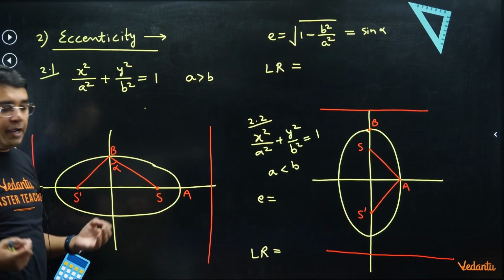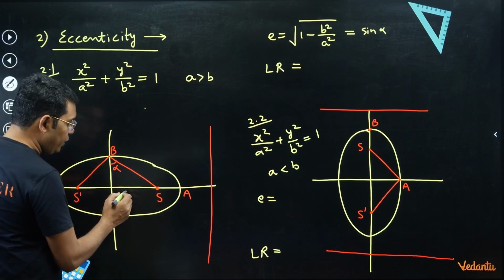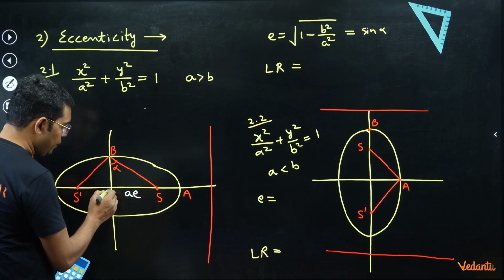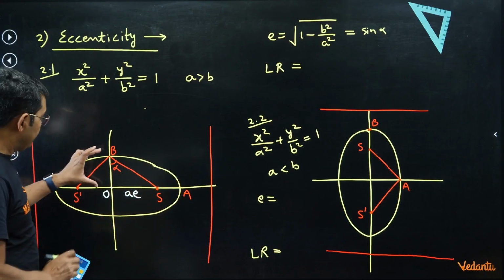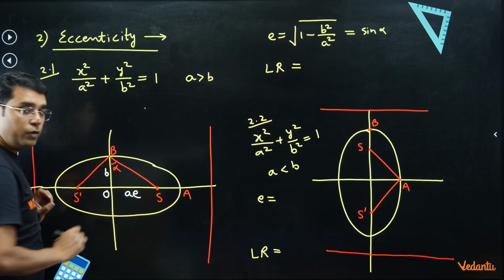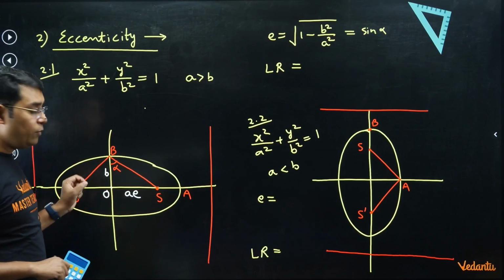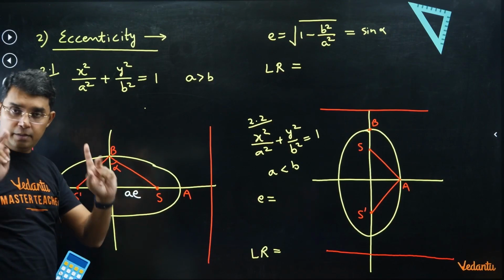And how is it coming? It is one very simple thing. Please understand how we can get it very easily. We know the distance of the focus from the center is AE. This distance is B. One more thing, you know the property of the ellipse that the sum of distances of any point from the two foci is 2a, the major axis.